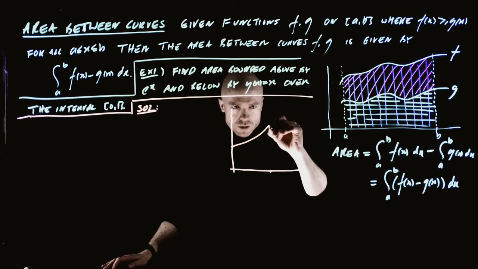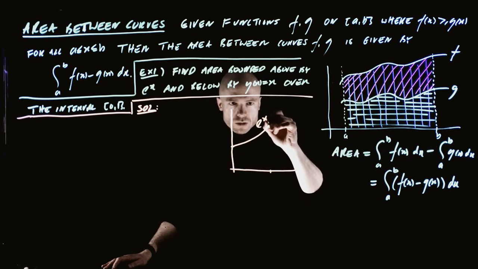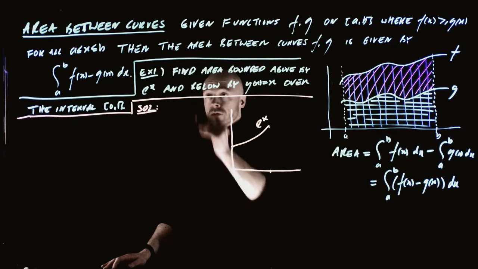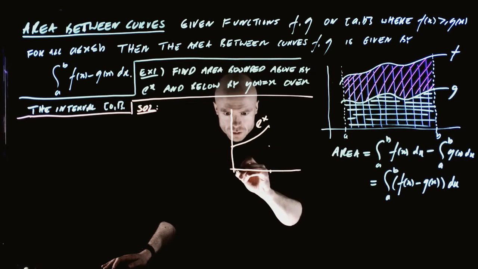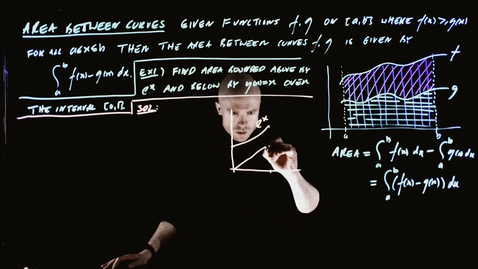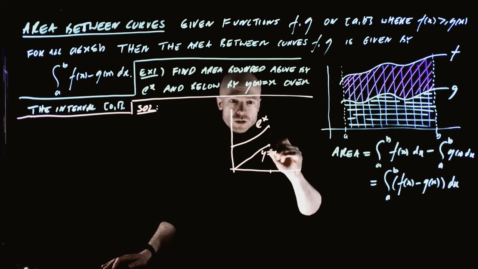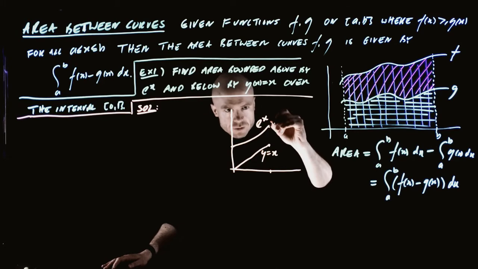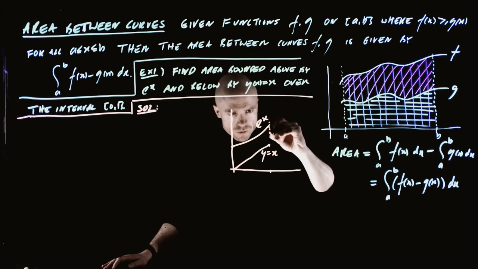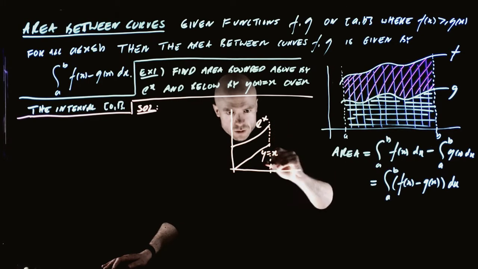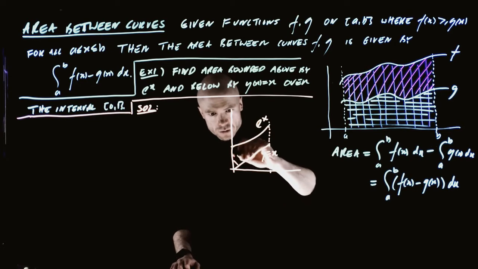Then we have the function y equals x. This is not a good picture because the slope should be 1, but this is the function y equals x right here. So clearly e to the x is above it, and what we're looking for is this area here.